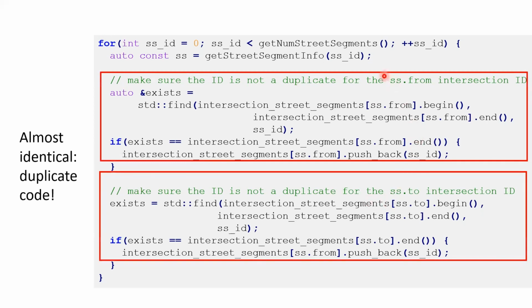The only changes are from to to, and from to. This is an example of duplicate code that we want to avoid, because these 2 chunks can be extracted into a function.